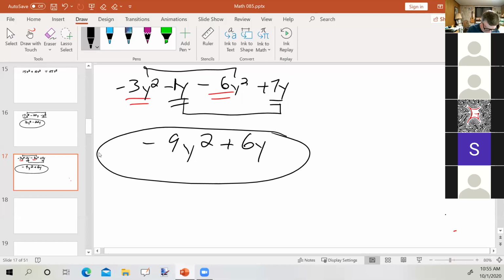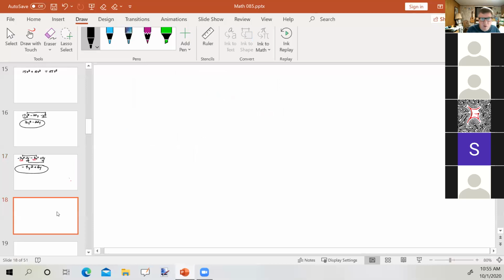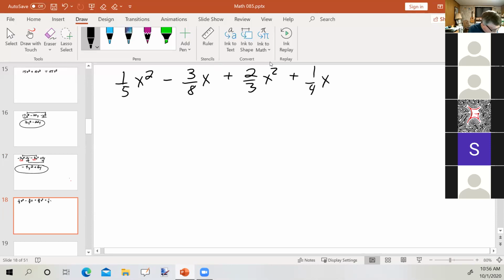Now things get a little bit worse, as they always tend to do. We've got 1/5 x squared minus 3/8 x plus 2/3 x squared plus 1/4 x. All right. Now, like terms have nothing to do with their coefficients.